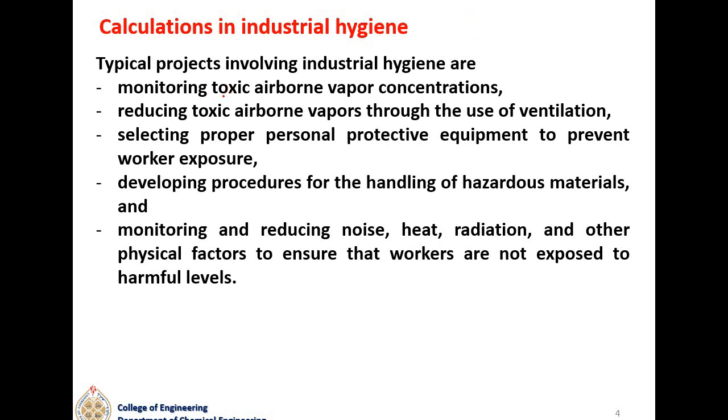For example, if I have a toxic substance with a certain concentration, how could I say that this toxic vapor concentration is toxic or not, right? Is it harmful or not? So there are some calculations, and maybe it's not that toxic, but it depends on the exposure whether it could be toxic. And then if it is toxic, what protective equipment can we use, and so on.